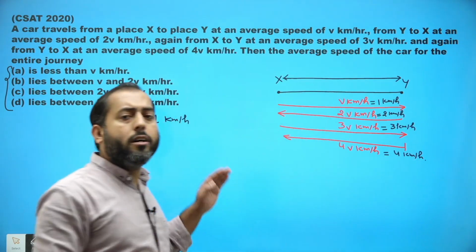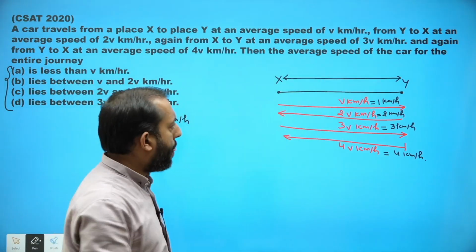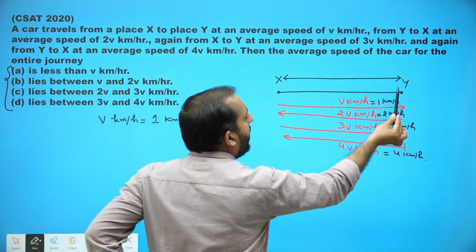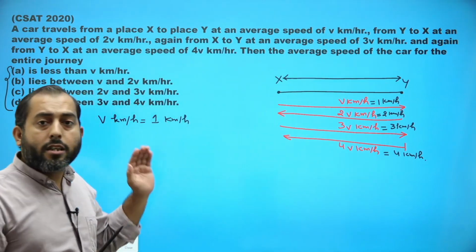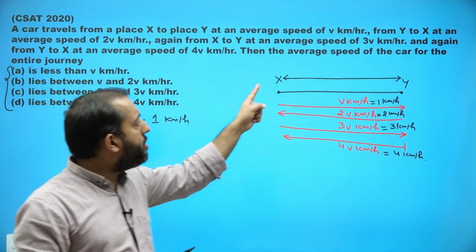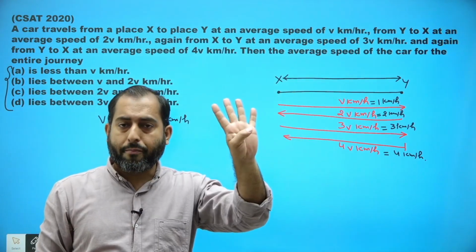Since the car is going between X and Y only, so X to Y, then Y to X, then X to Y, then Y to X, the car has traveled this distance between X and Y 4 times.